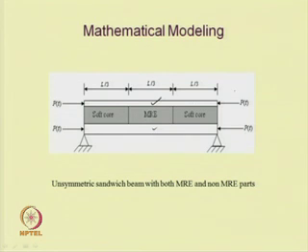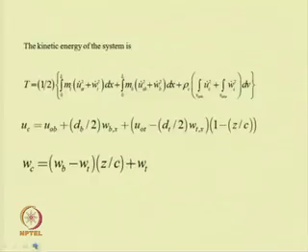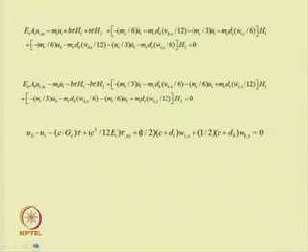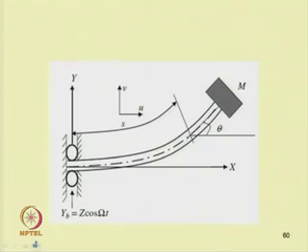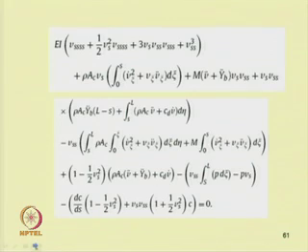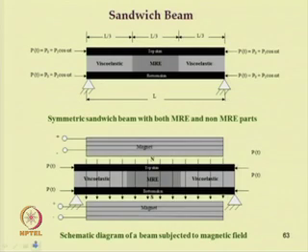One can take this as one exercise problem, and some other exercise problems also to derive the equation of motion. Already we have seen this example. One can also derive the equation of motion for the sandwich beam when a magnetic field is applied, by using the force due to the magnetic field.